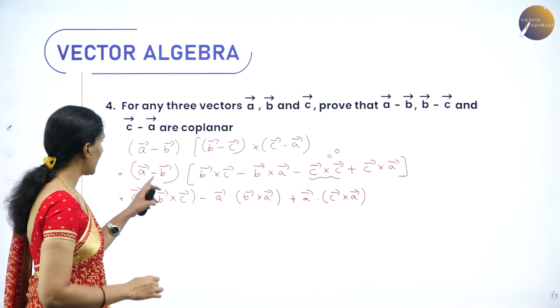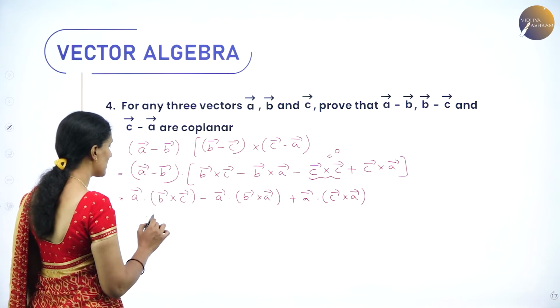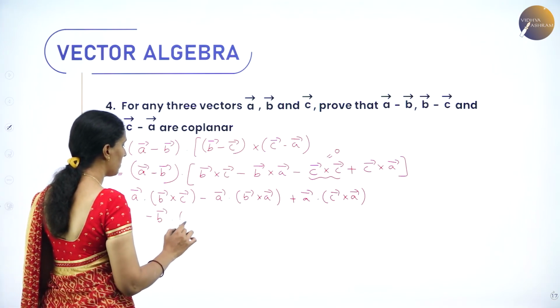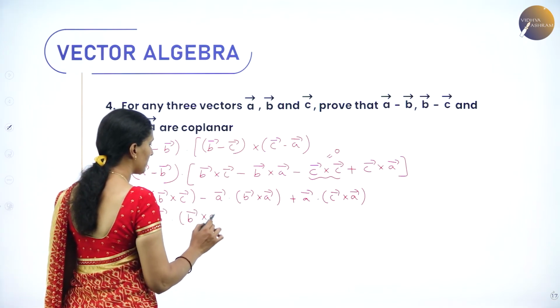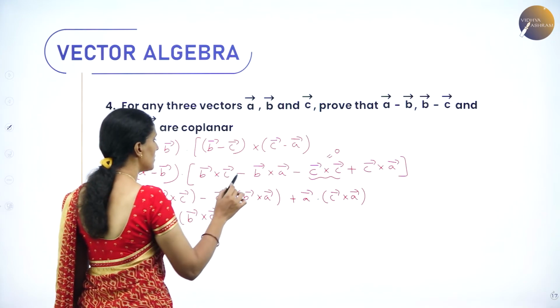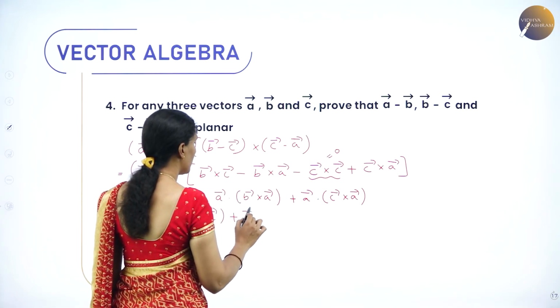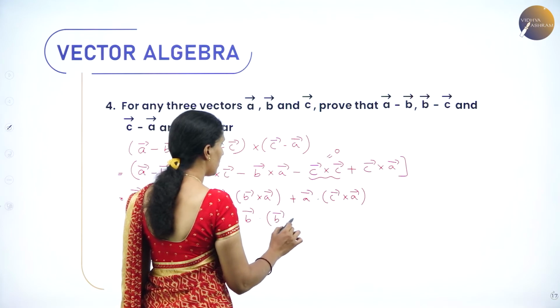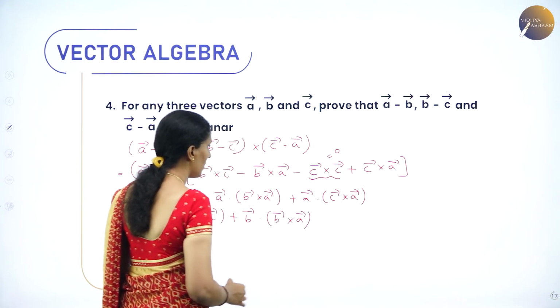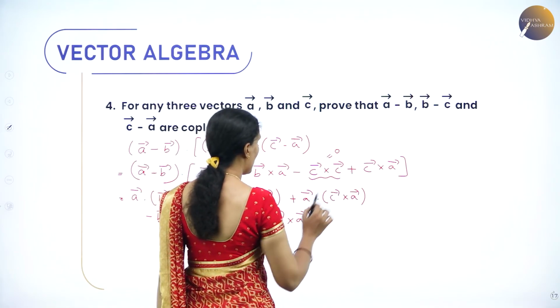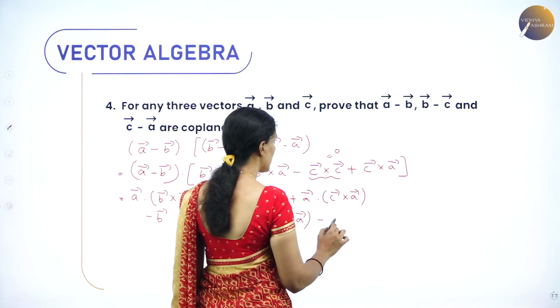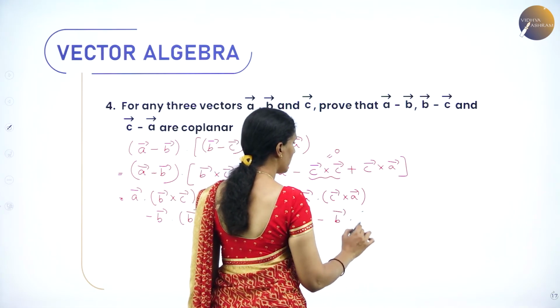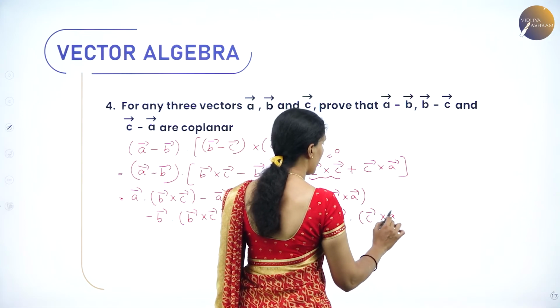Next we are going to multiply minus b. So minus b dot b cross c. Minus into minus, plus b dot b cross a. Minus into plus, which is minus b dot c cross a.